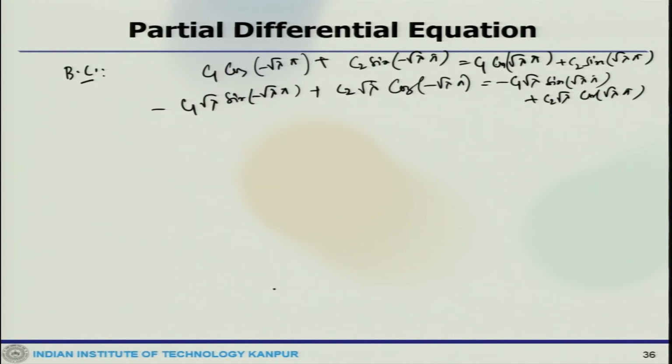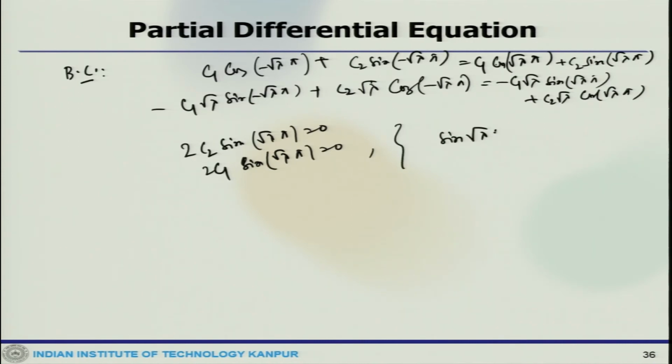So, here we can simplify. What we get is that 2 C2 sin root lambda pi is 0 and 2 C1 sin root lambda pi equals 0. So, essentially sin of root lambda pi is 0, so root lambda pi is n pi. So, lambda equals n square for n equals 1, 2, 3 and so on.